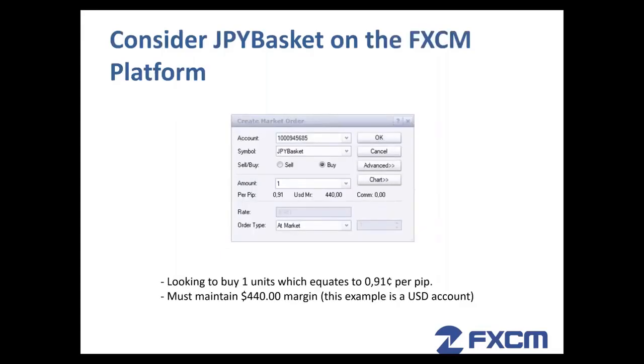Now, in this example, the trader is looking to buy 1 unit, and it is equating to a 91 US cents movement per pip. But you could also see that the trader needs to maintain a $440 margin to keep the trade running. And this is, of course, if the account is held in a US dollar account.